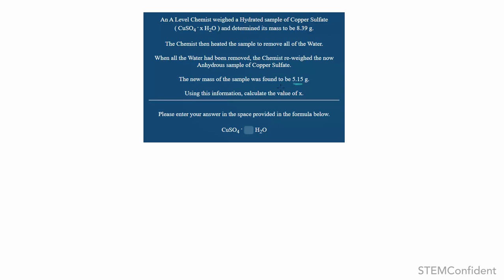Now, it's better to make these comparisons in terms of amounts of substance, so in terms of moles, whereas what we have here are masses. So one of the first steps I'm going to take is converting some of the relevant values into a molar context rather than a mass context, right?